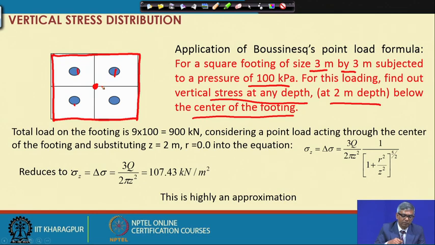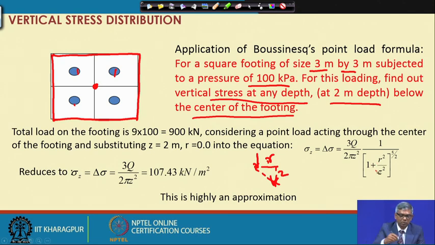Since our Boussinesq formula is as shown, I apply a load here and at a radial distance, this is r and this is z, at this point we find out the stress. But now if the radial distance becomes 0, I can still use this equation, r can be 0.